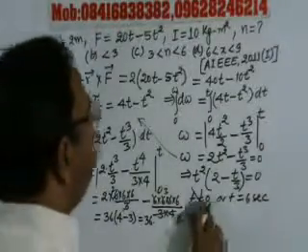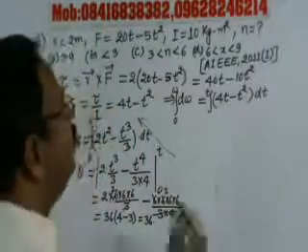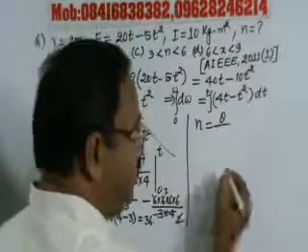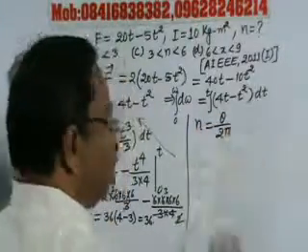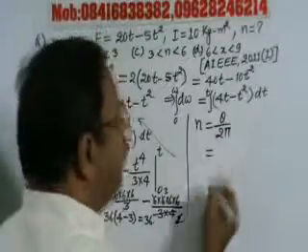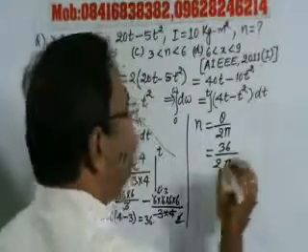Now we have to find the number of rotations. The number n will be equal to theta by 2 pi, and theta is 36 divided by 2 pi.